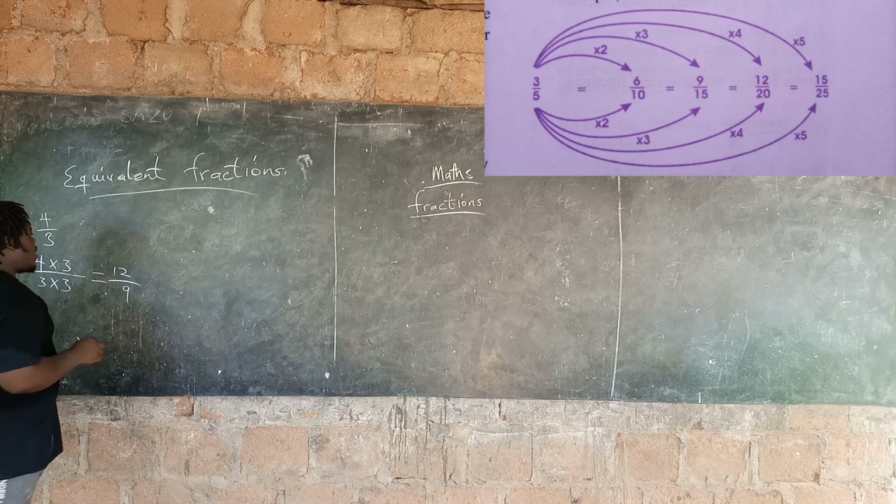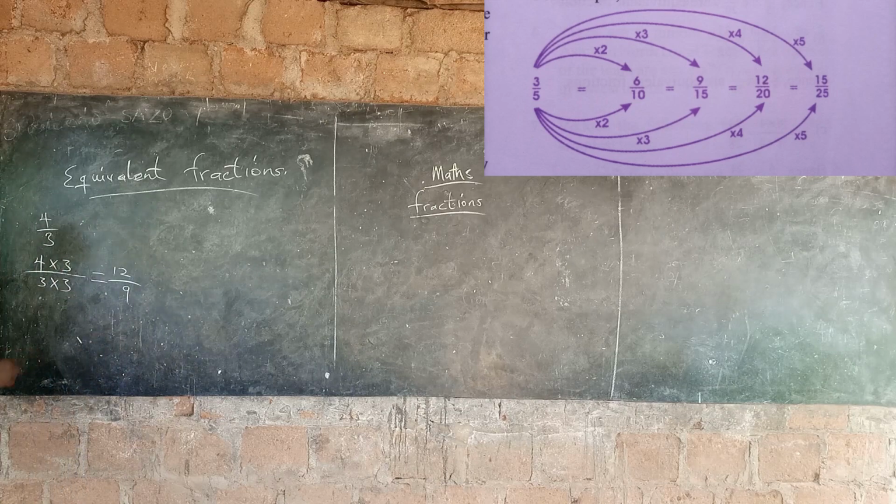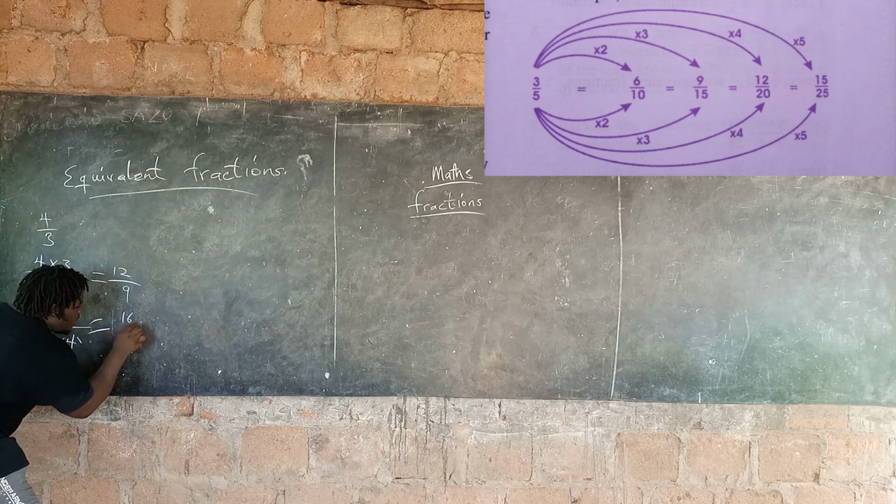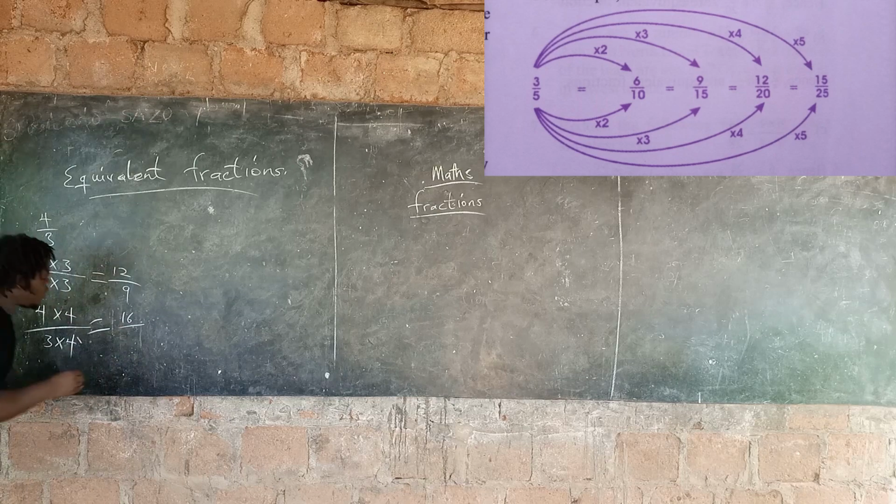Now, let's multiply 4/3 by 4. So 4 times 4 over 3 times 4. 4 times 4 will give us 16, and 3 times 4 will give us 12.